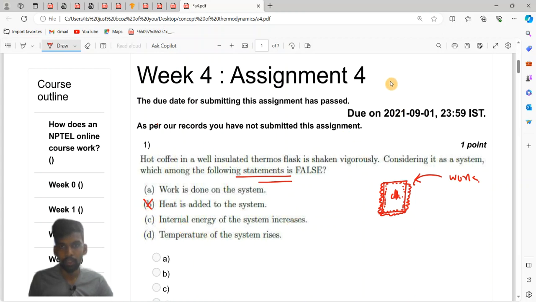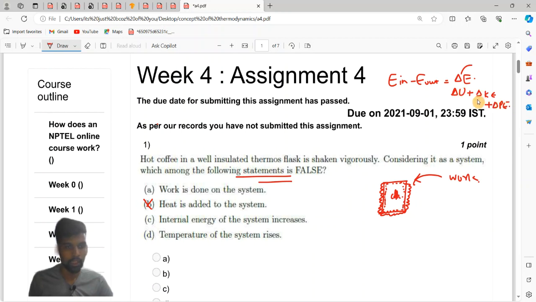So we have our energy equation like this: E in minus E out is equal to the change in energy. This consists of change in internal energy plus change in kinetic energy plus change in potential energy. I hope you know this.